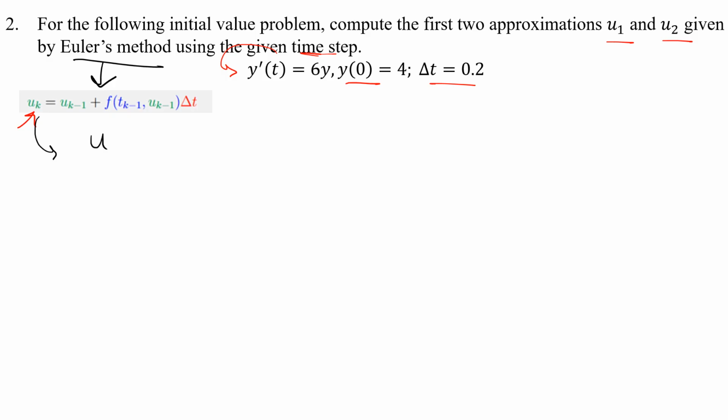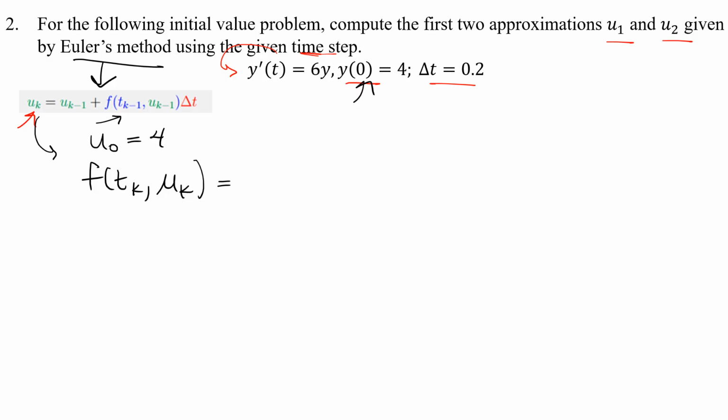Well, what do we know about u sub 0? That's our initial condition, so our initial u sub 0 is simply 4. And then we want to figure out what we can say about this function here, f of t sub k and u sub k.